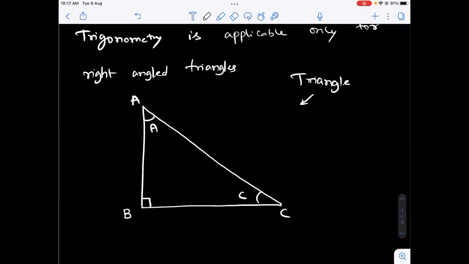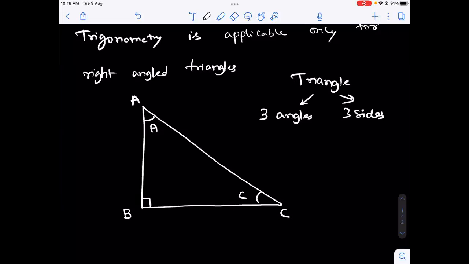A triangle is basically analyzed with 6 parameters: 3 angles and 3 sides. But an important point with respect to a right angle triangle is one of the angles is definitely 90 degrees, and definitely one of the sides is the longest side also. Generally, if I give you a scalene triangle and ask you which is the longest side, you can never answer.